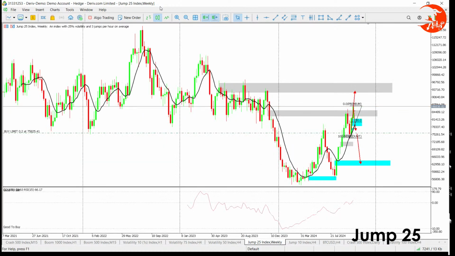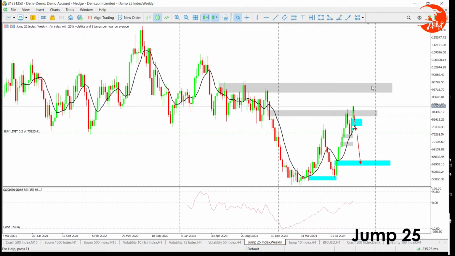Let's look at weekly. Weekly we are still buying. Let's first delete that. See if on the weekly we had a breakout. Yeah, it hasn't closed.